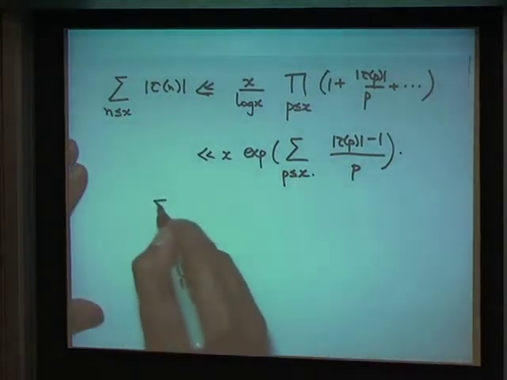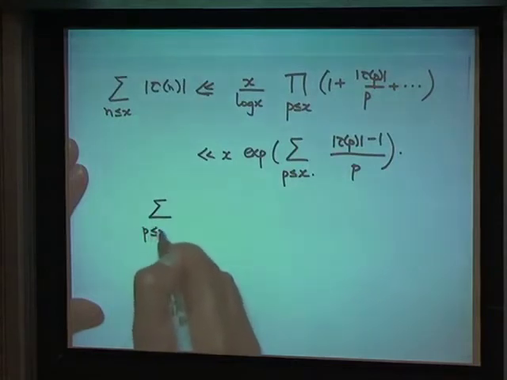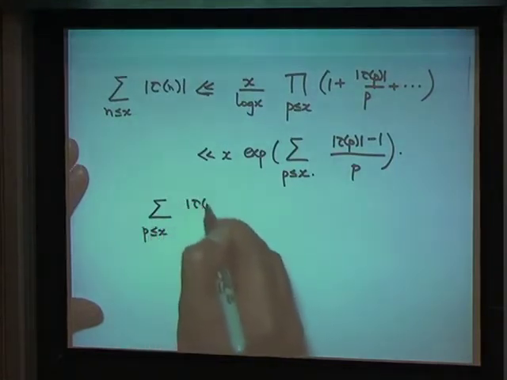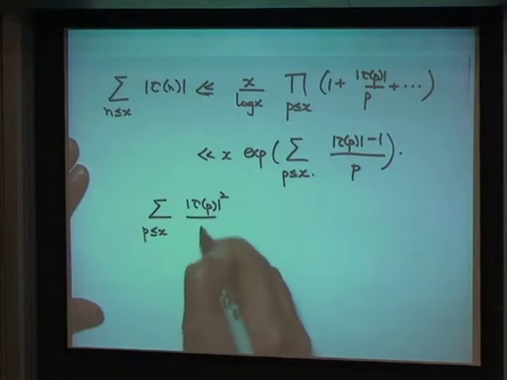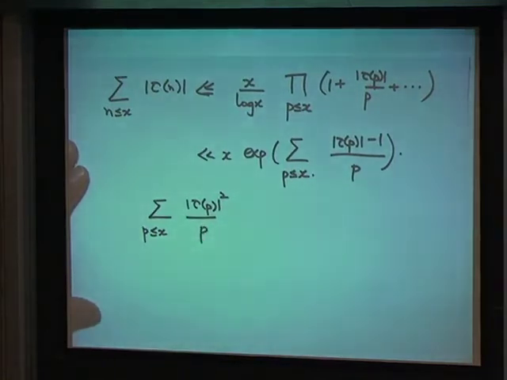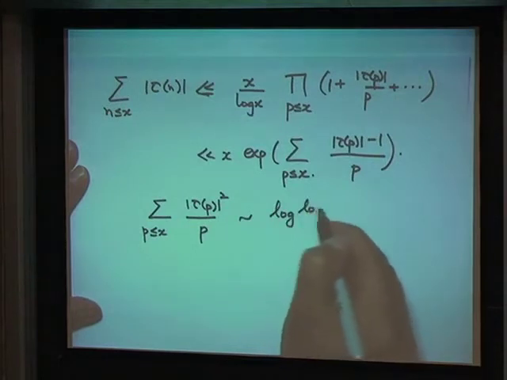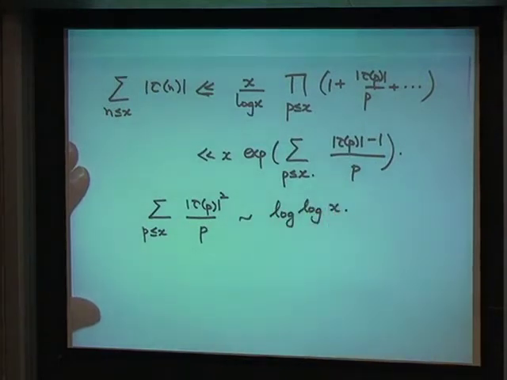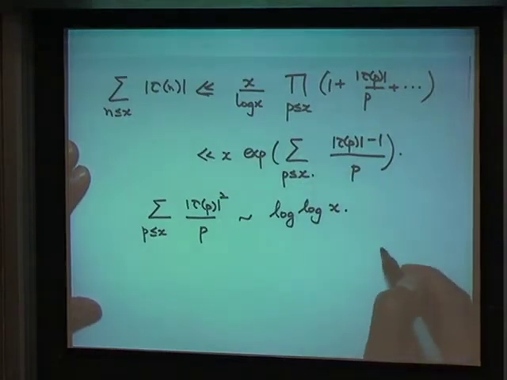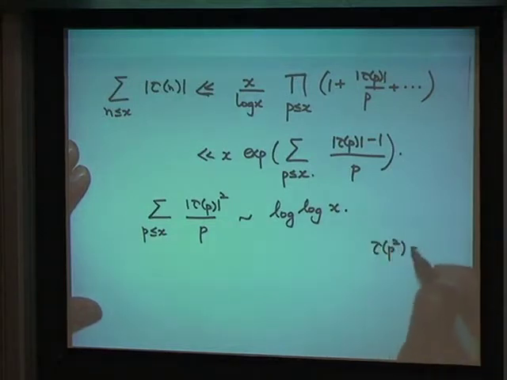I know that the sum over p up to x, tau p squared over p, that's the Rankin-Selberg of the Ramanujan delta function. So that will be asymptotic to log x, basically the sum of 1 over p up to x. Then I also know that the symmetric square function associated to tau would have coefficients which are tau p squared minus 1.